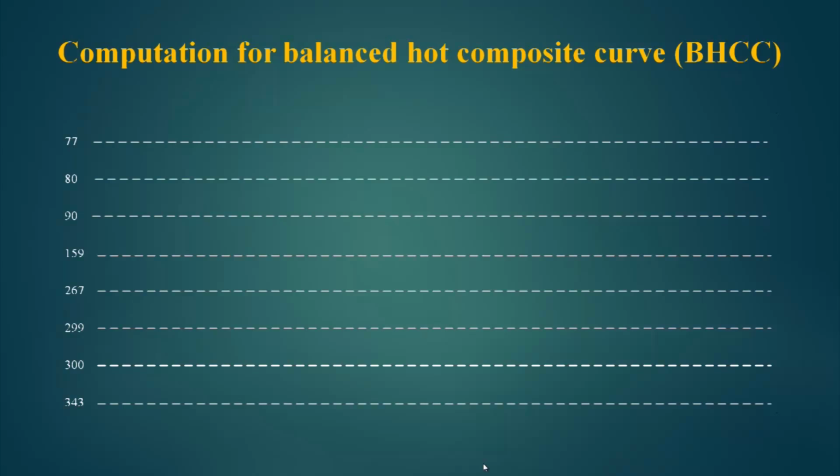So, when we plot the hot utility and cold utility with the composite curve, it converts into a balanced composite curve.